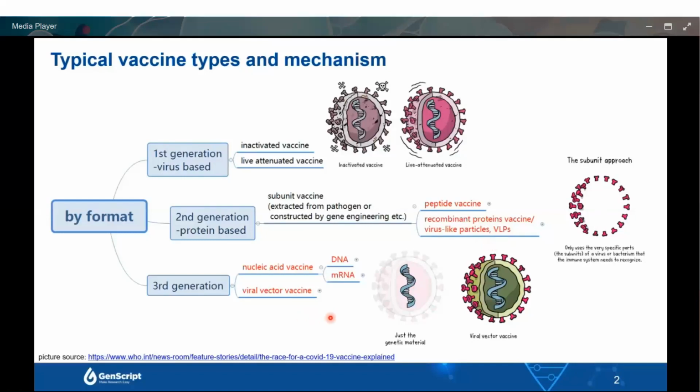And for the third generation, the nucleic acid vaccine, we usually use nucleic acid, which includes DNA and mRNA, just the genetic material. Or we can use a virus as a vector to take the nucleic acid from the pathogen into the cell. So that's the three generations.